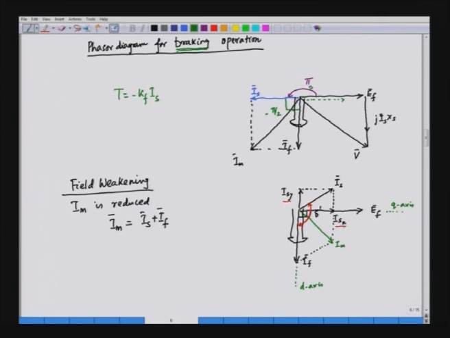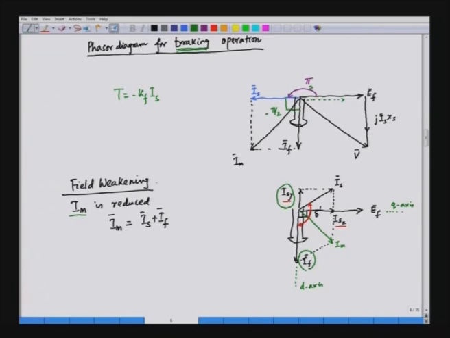This Isx is along the q axis and it is cross magnetizing. It does not increase or decrease the field current or field flux. Is also has a component Isy, which is demagnetizing, because this Isy is opposing If. When Isy is opposing If, the equivalent field current is reduced. In fact, Im is reduced here.